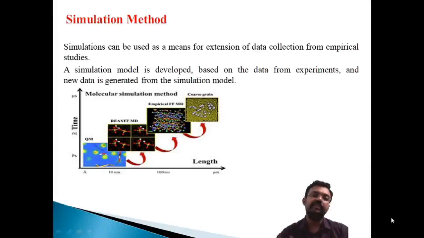So that is one important method for the data collection, that's simulation method, and you are using a lot of models for the data collection. Okay, so the method is known as the simulation method. As an example regarding the molecular simulation method, the diagram is a molecular simulation method. Constructing the model, QM, and the reactivity. These are the models used for this molecular simulation method, because simulation methods are based on models.